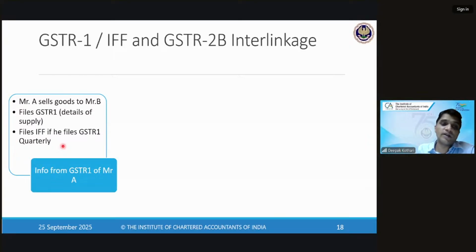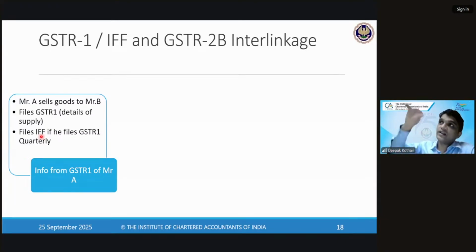That is when the government has brought this option called IFF, which is called the invoice furnishing facility. The supplier who files GSTR1 on a monthly basis, the receiver will get the credit.